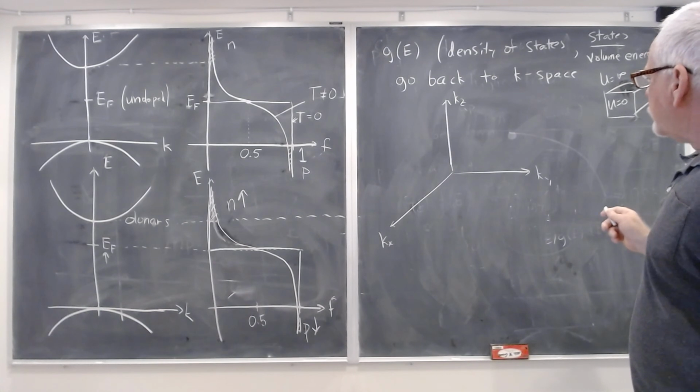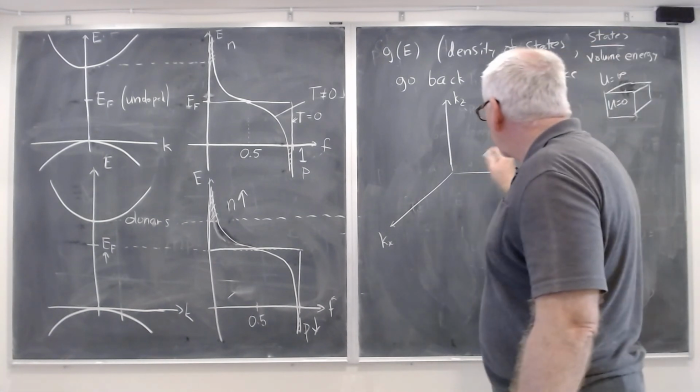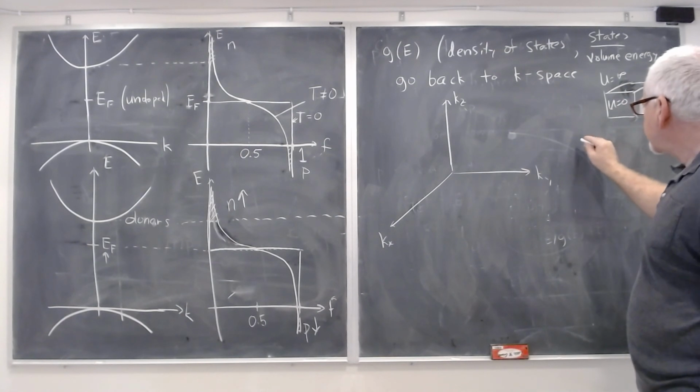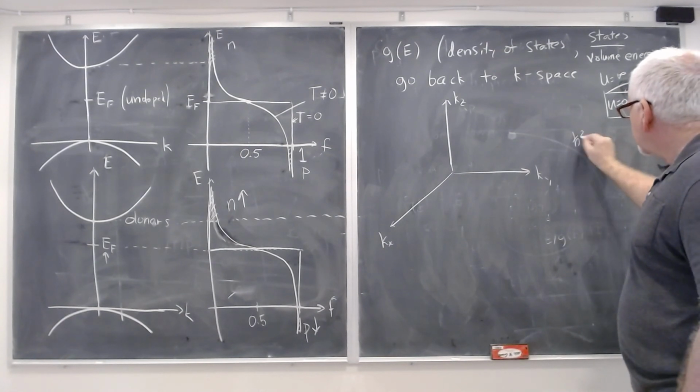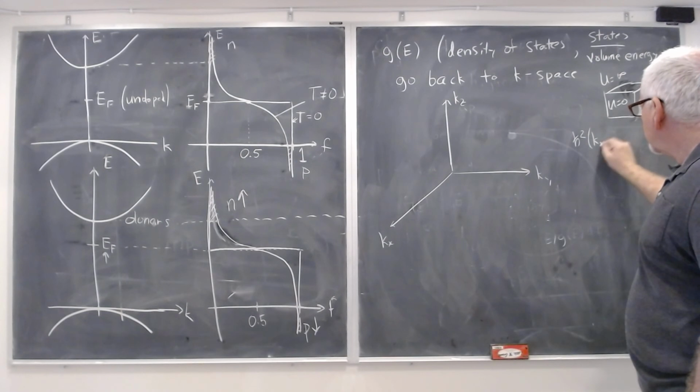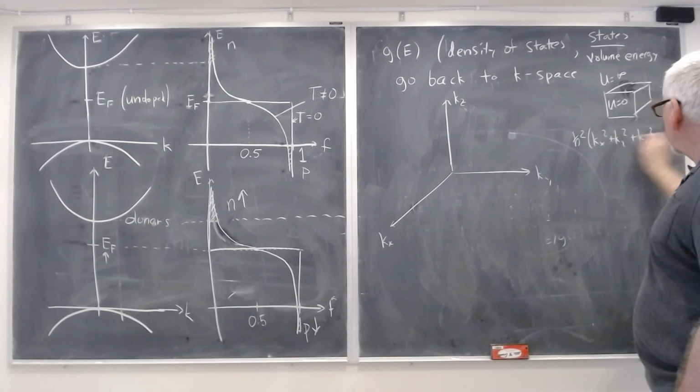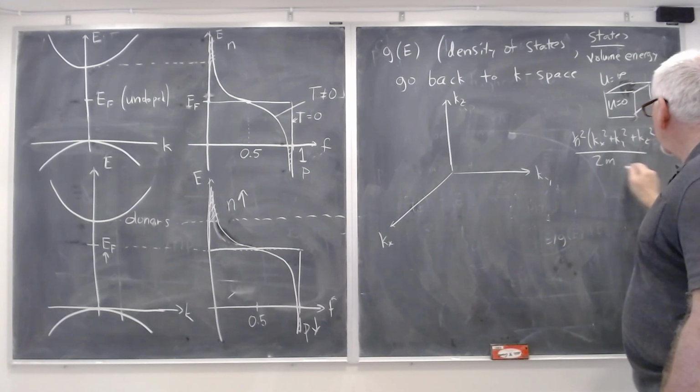Now, what that means is that it's always the same: h bar squared, and now we write kx squared plus ky squared plus kz squared over 2m is E.